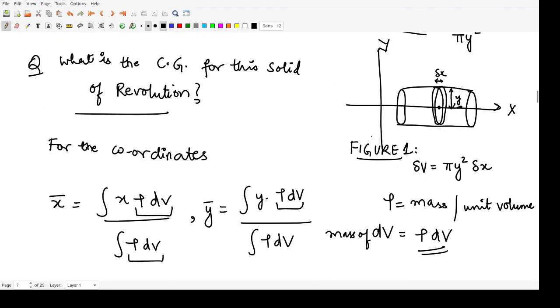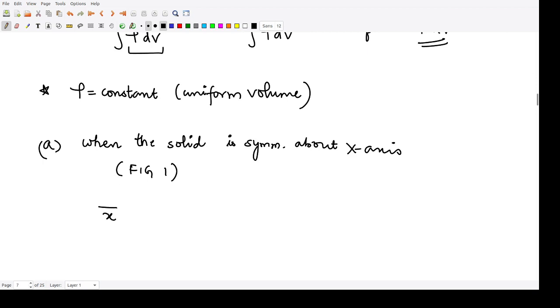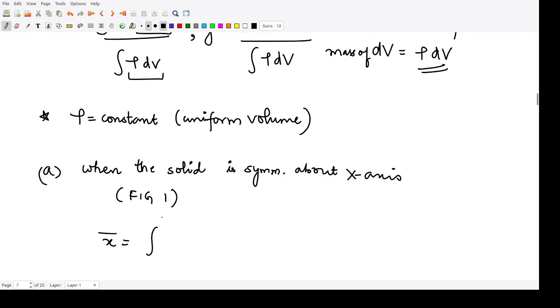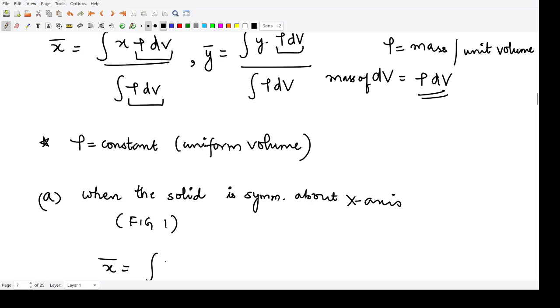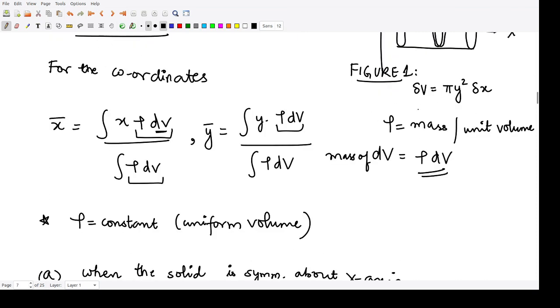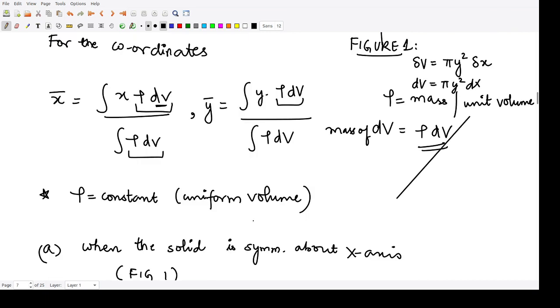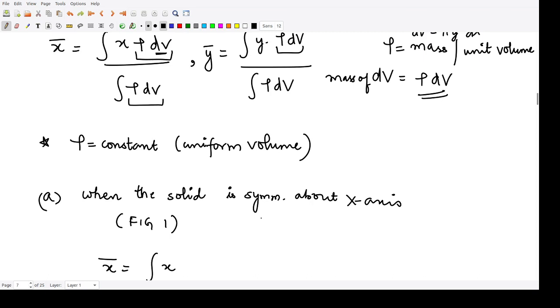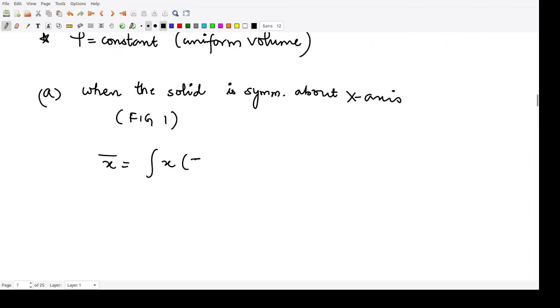the coordinates would be x bar equal to integration of x, with the value of rho as 1, and dv becomes pi y square dx, divided by integration of pi y square dx.